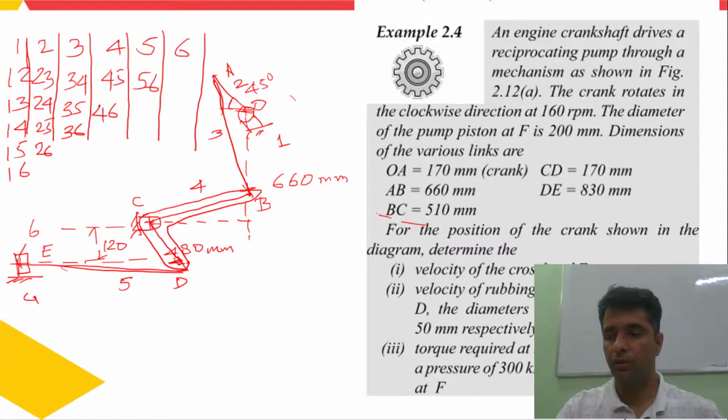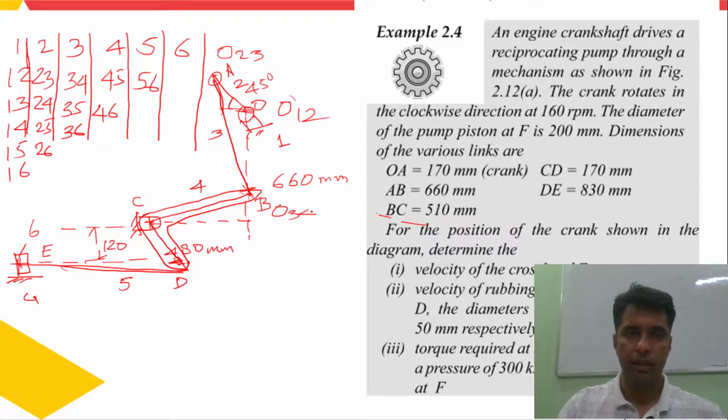Now locate some of the centers which you can locate by observation. This is one center you can locate, 1, 2. This is another center you can locate, that is 2, 3. This is another, that is 3, 4. And this center is O, 1, 4. And this center is between 4 and 5, so this is O, 4, 5. Now this one is the center between 5 and 6, so this becomes O, 5, 6.